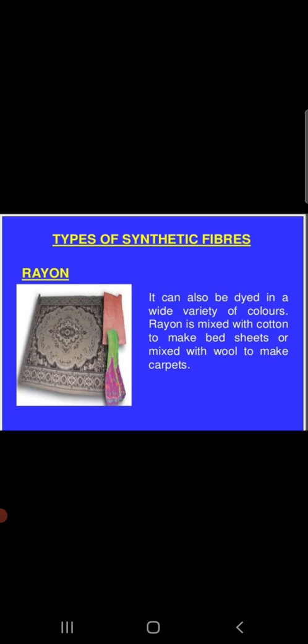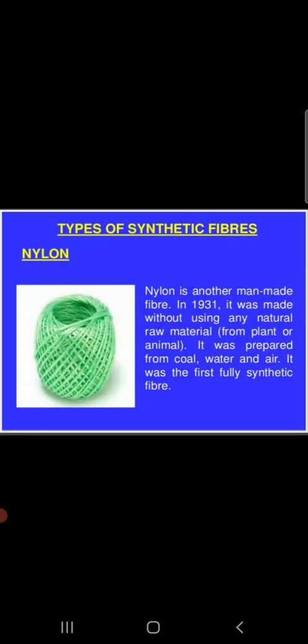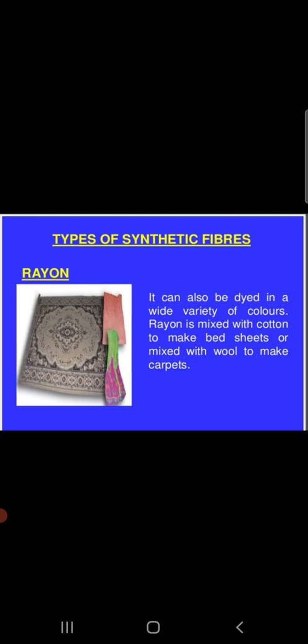Some of the properties of rayon which make it a very important synthetic fiber are that rayon is shiny, it is lustrous and it can absorb moisture too. Because of the property of absorbing moisture, rayon is preferred over the other clothing materials.